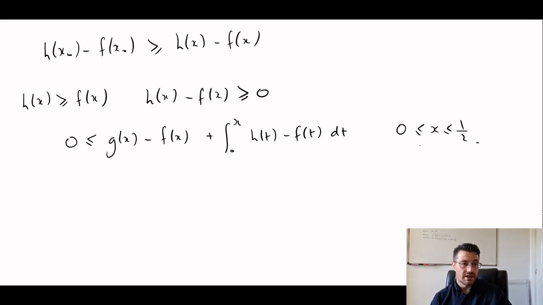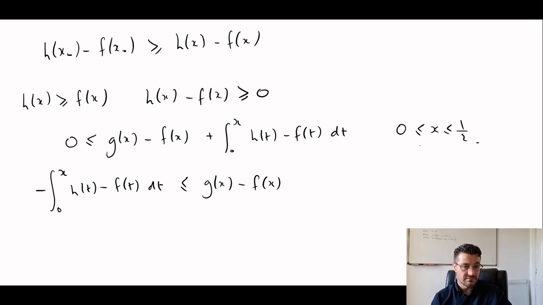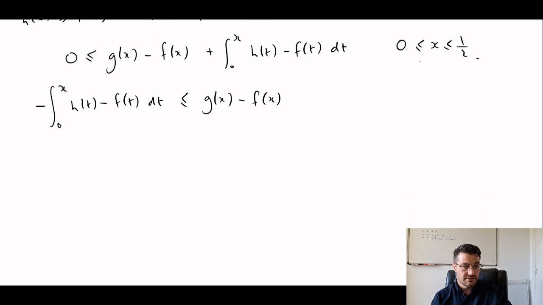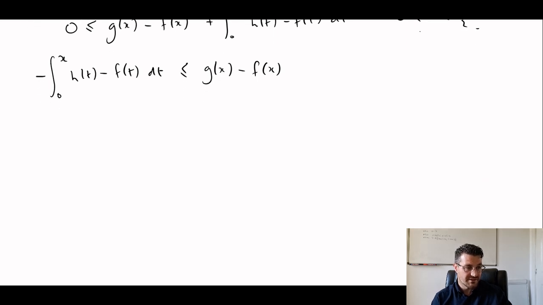Okay, good. So then I can rearrange this, and I get minus the integral from 0 to x of h of t minus f of t dt is less than or equal to g of x minus f of x. This is when I knew that I was onto a winner. Definitely. Because now I can take the modulus of each side.